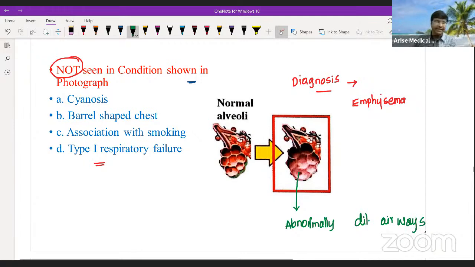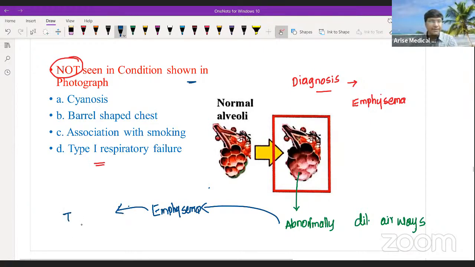Right, abnormally dilated airways. Now, you will have that in patients with emphysema. In emphysema you will have the presence of type 1 respiratory failure.